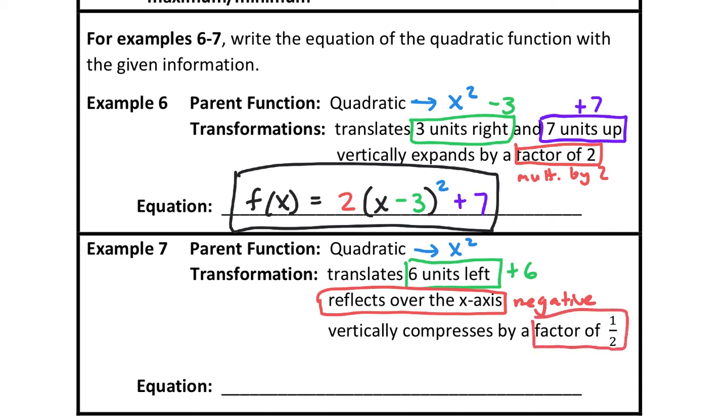That means multiply by 1/2, so a negative 1/2. So my function is going to equal to a negative 1/2, then x plus 6, then to the power of 2.